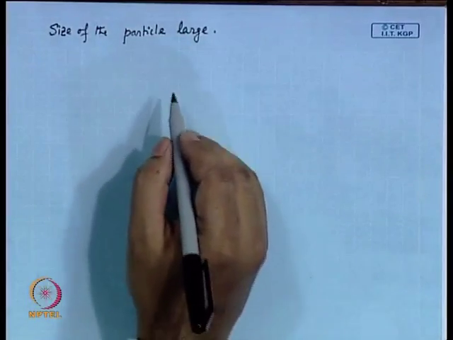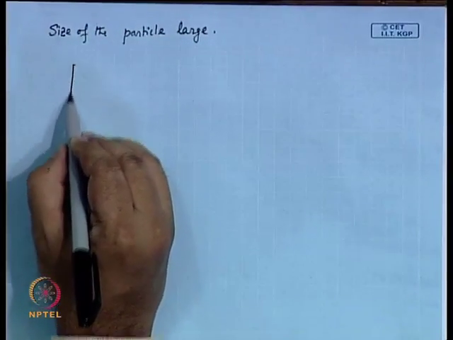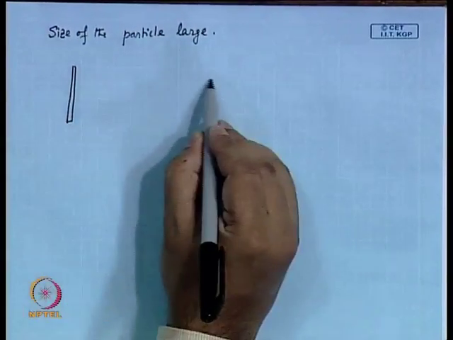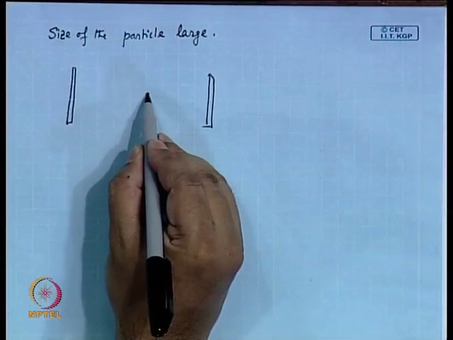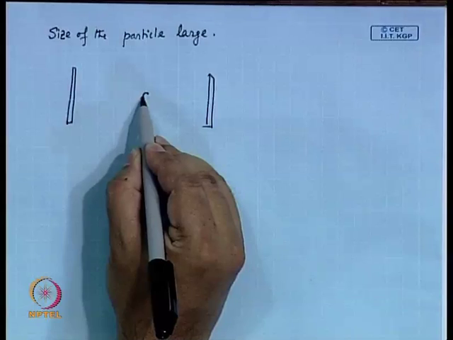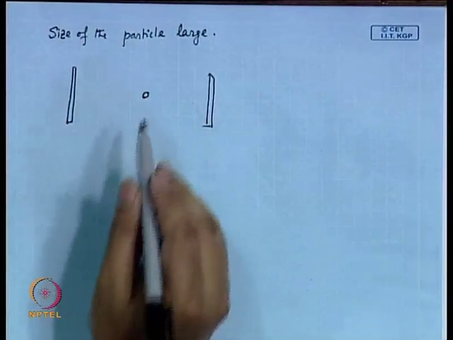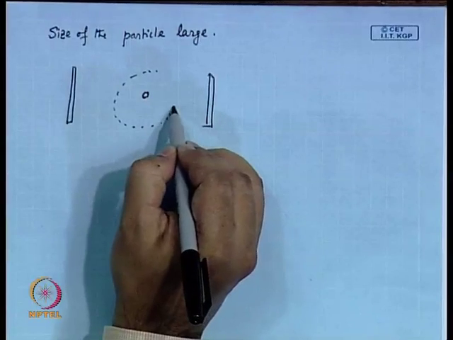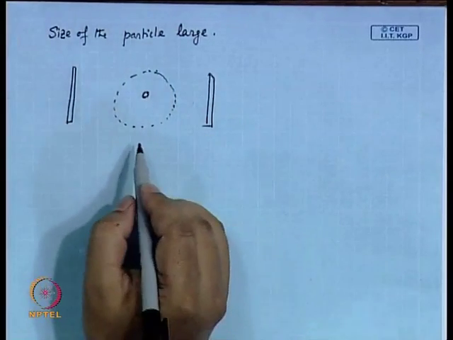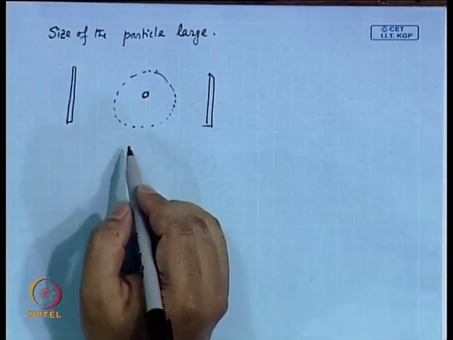So, the idea here is you have an electrode, or a set of electrodes, and you have a particle. Now, if this is a small particle, this is the dipole length.